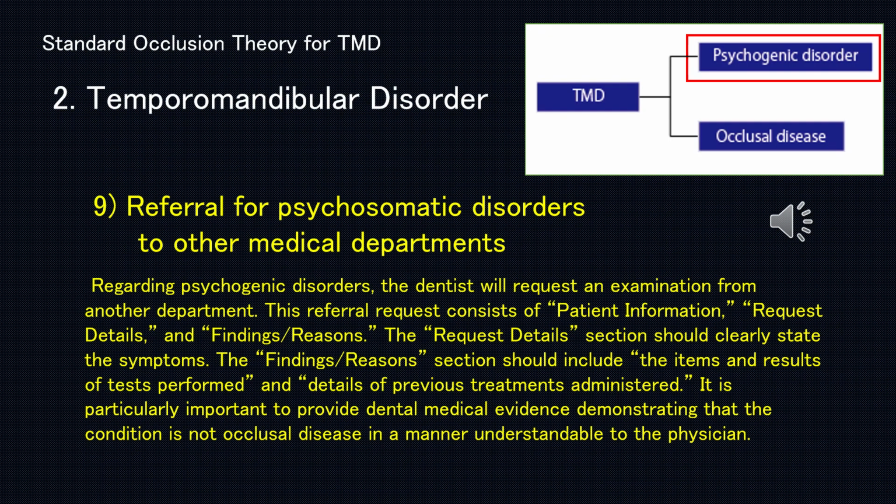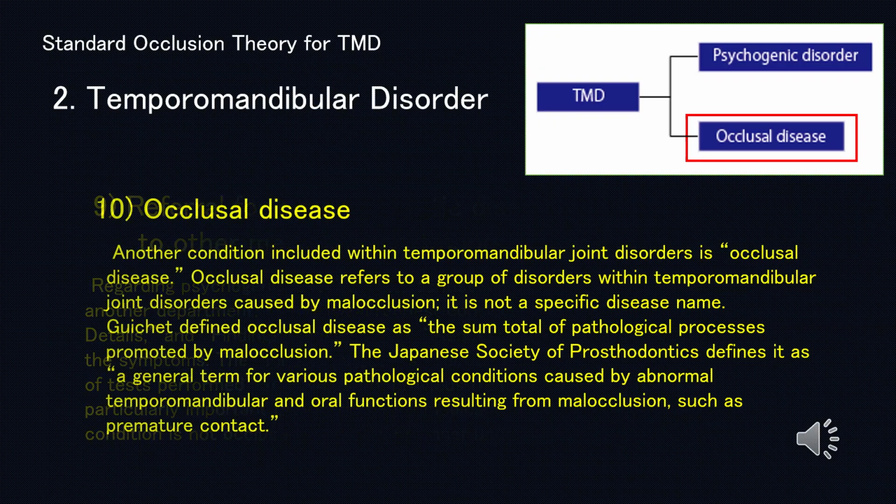The findings and reasons section should include the items and results of tests performed and details of previous treatments administered. It is particularly important to provide dental medical evidence demonstrating that the condition is not occlusal disease, in a manner understandable to the physician.